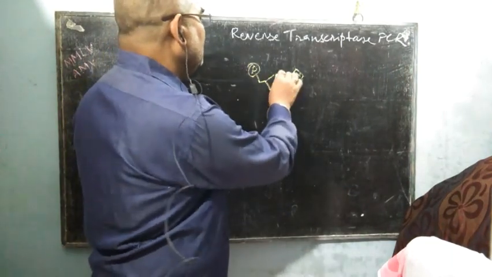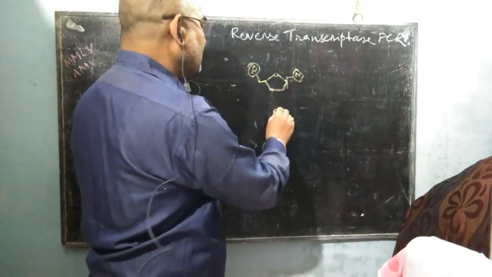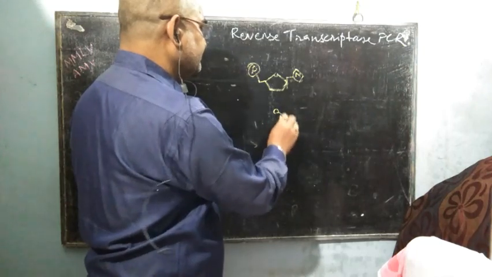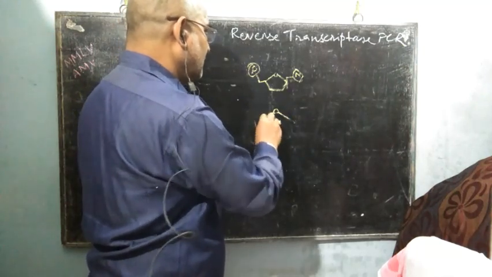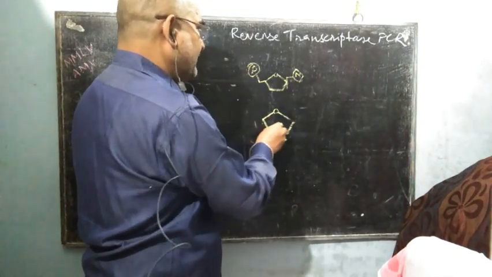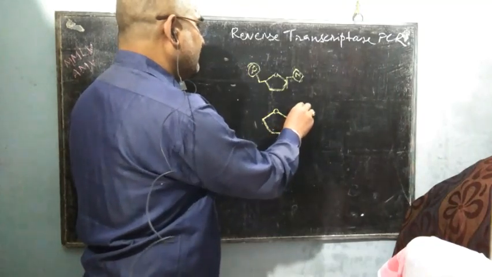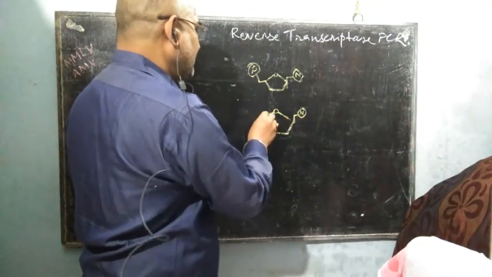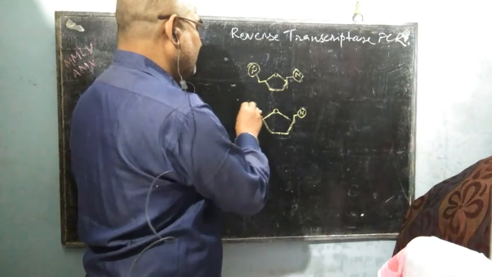Again, the other nucleotide is like this. It is the nitrogenous base and it is the phosphoric acid.